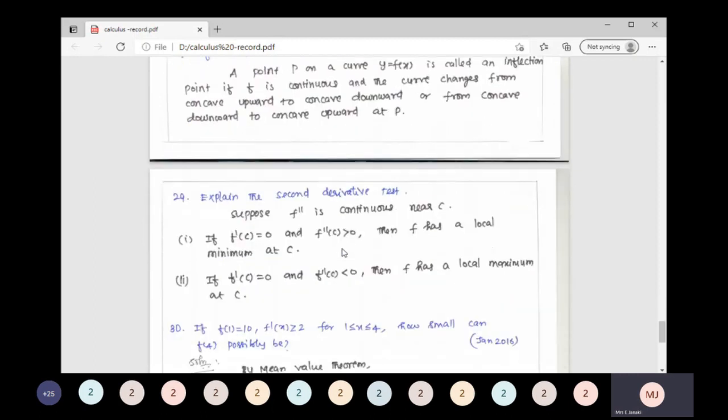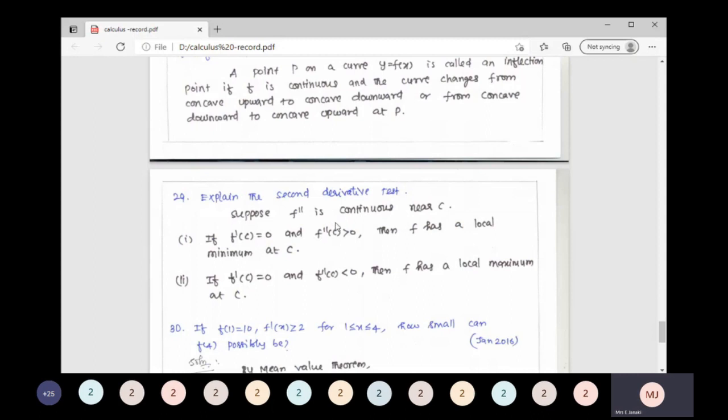Now we will see the second derivative test. For the second derivative test, we have to calculate the second derivative f double dash for the given function. Find the point where f dash of c is equal to 0, and then find the second derivative value.